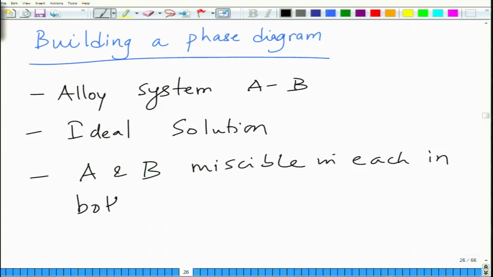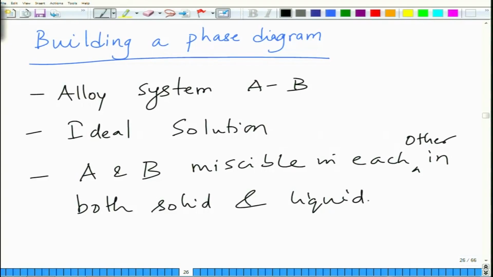So, A and B are miscible in each other in both solid and liquid states.